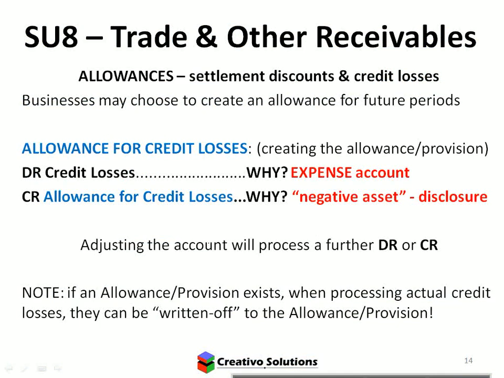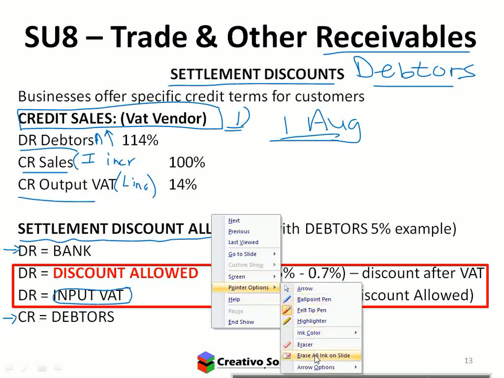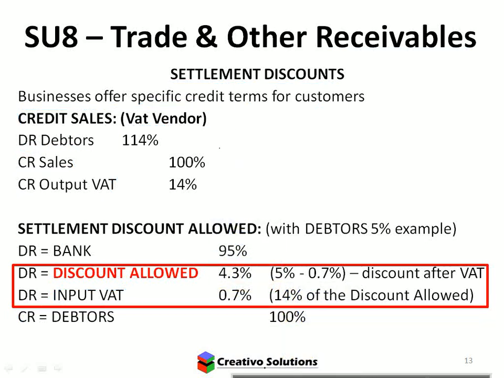Right, then I've put a note here for an allowance. Okay, a provision. Okay, a credit loss. Right, so do all your debtors always pay you? No. Okay, so coming back to this. The debtor bought 1,000 Rand worth of goods.